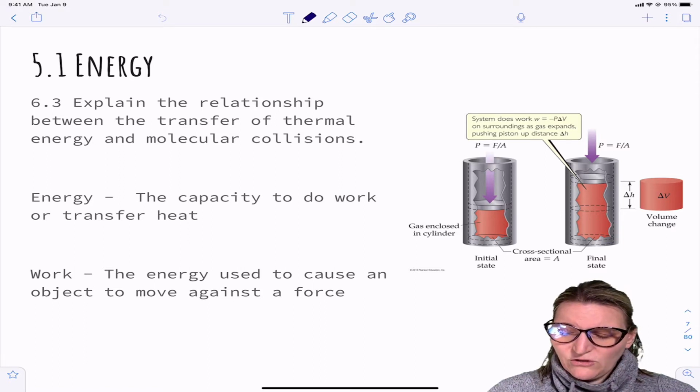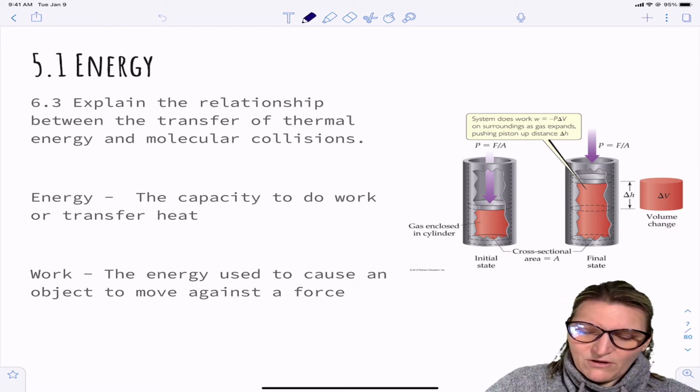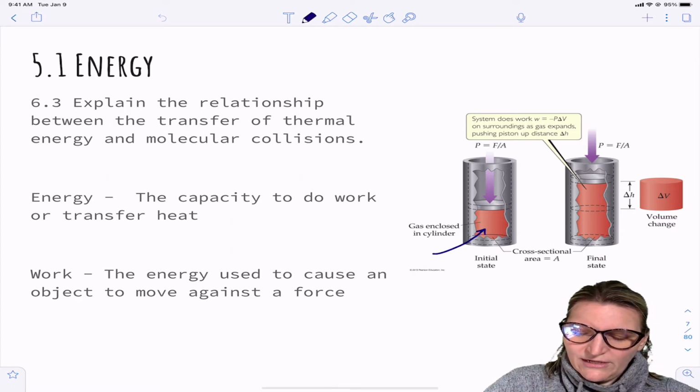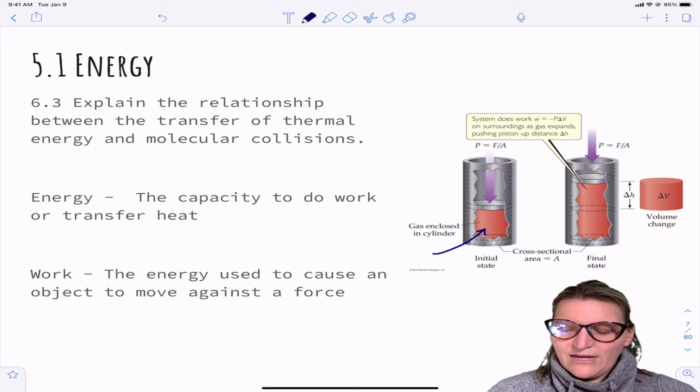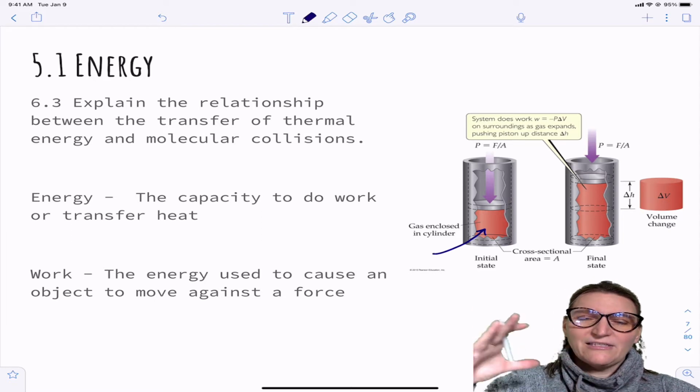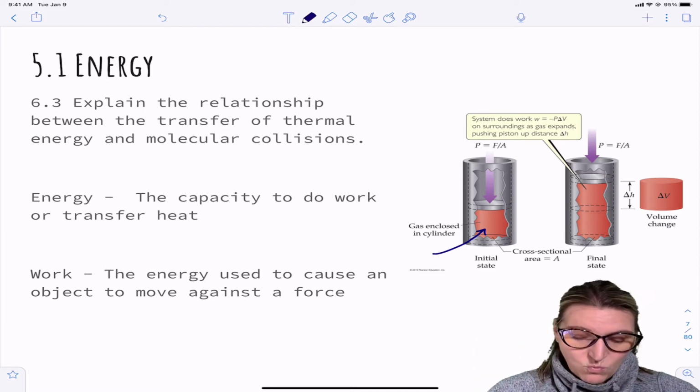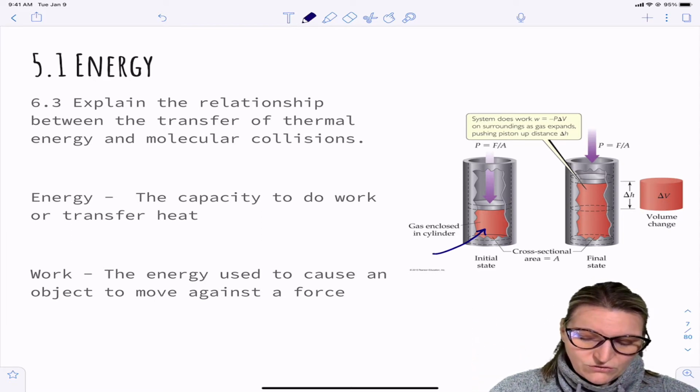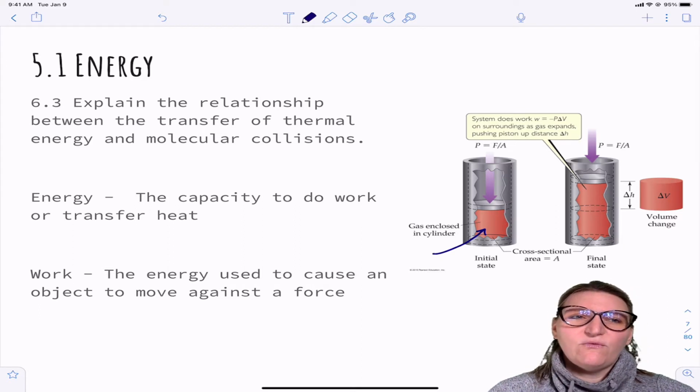But as you can see, like this picture over here, if you have a chemical reaction that goes on inside this cylinder, right? If that chemical reaction produces gas and that gas expands, it will have done work, because work is the energy used to cause an object to move against a force.